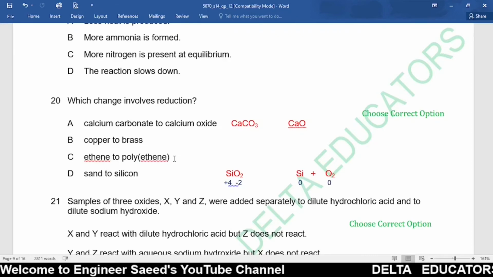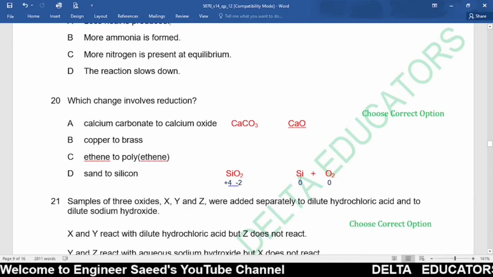D, sand to silicon. Sand means silicon dioxide. In silicon dioxide, oxidation state of oxygen is -2. Here we have 2 oxygen. So total charge on oxygen will be -4. So definitely on this silicon charge will be +4. So here oxidation state of silicon is +4. For oxygen it is -2. When it is converted to silicon means here we get silicon and oxygen.